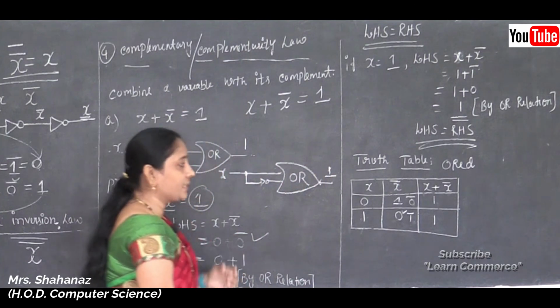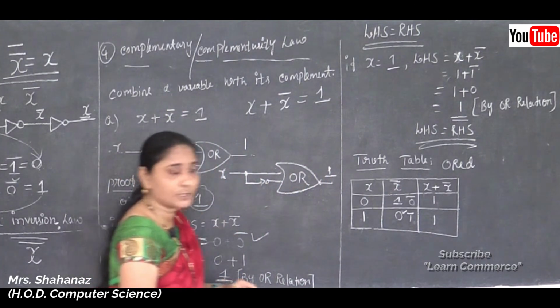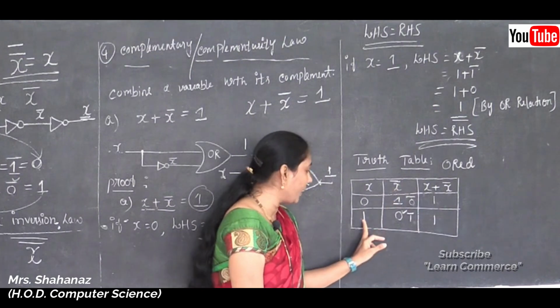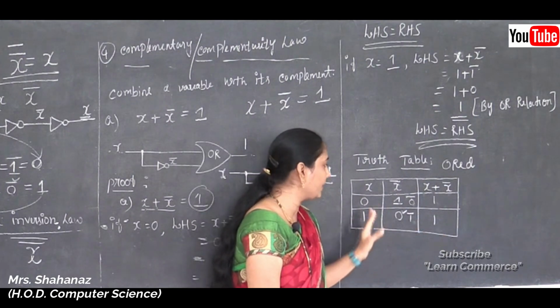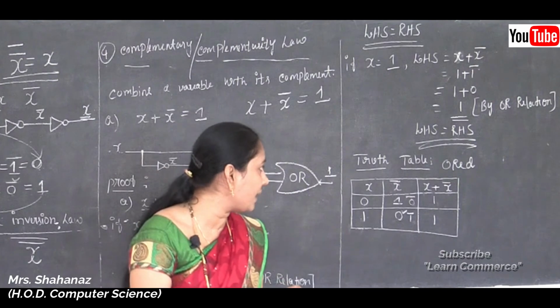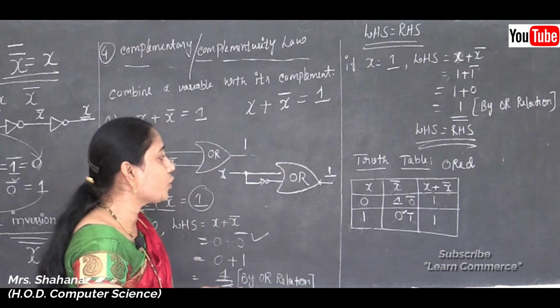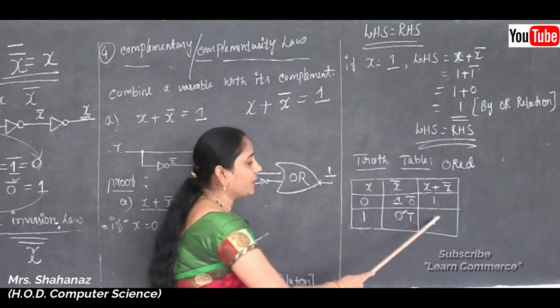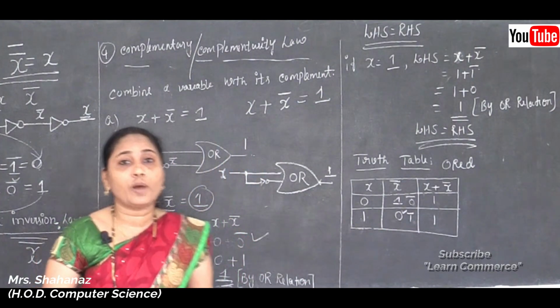So the output is 1 and 1. Clear this point here? For 0, the output will be 1, and for 1, the output will be 1 here when you add x plus complement of x. So 0 plus 1, the result is 1. 1 plus 0, the result is always 1 only.